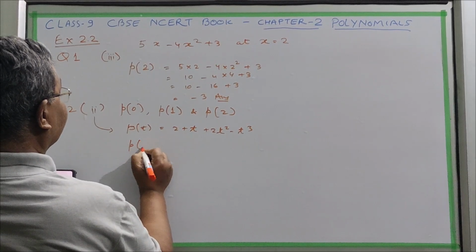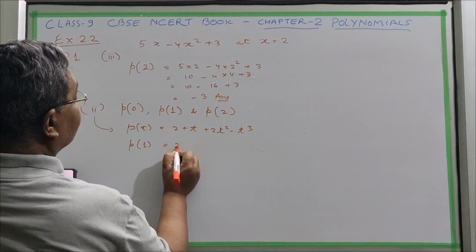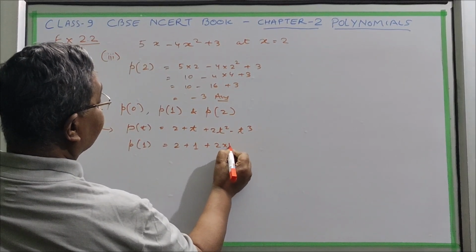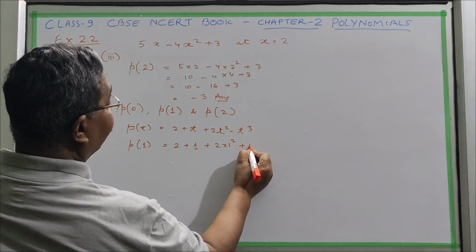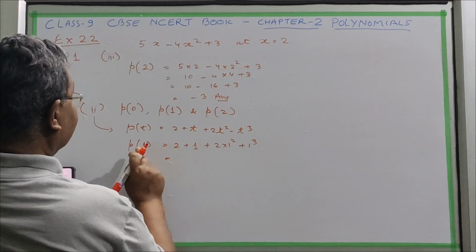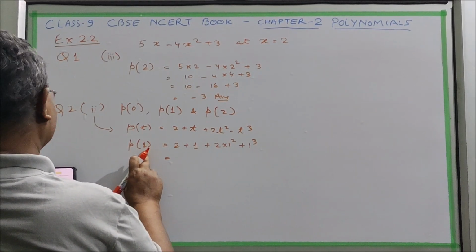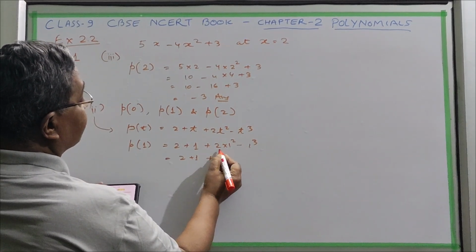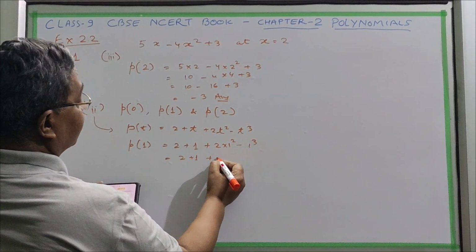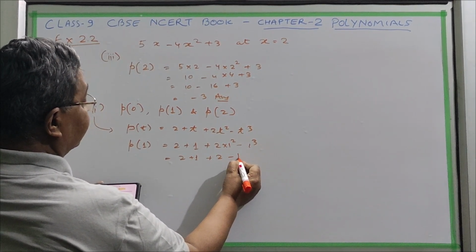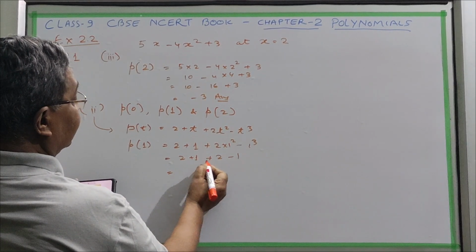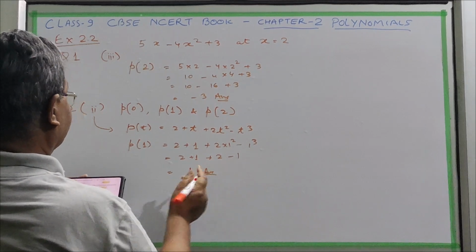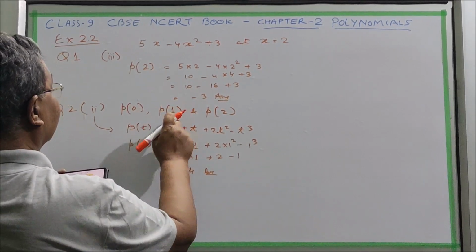So here we will write P(1) = 2 + 1 + 2 into 1^2 - 1^3, because we have taken 1. In this way, others also you can solve. So 2 + 1 + 2 is 5, 5 - 1 is 4. 4 is your answer.